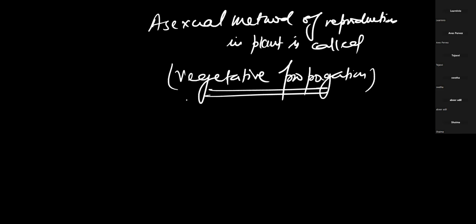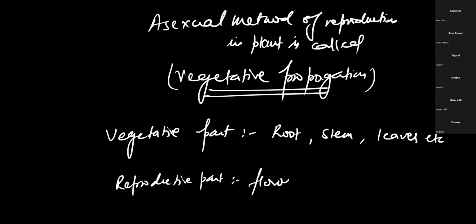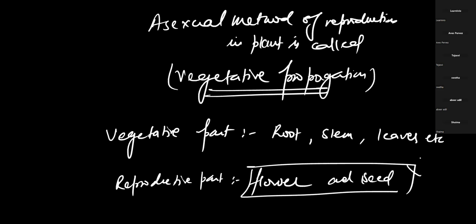What are the vegetative parts of plants? Vegetative parts are root, stem, leaves, etc. And the reproductive parts are flower and seed. We are not going to use these; these are prohibited. We are only going to use root, stem and leaves. Either we will use root, stem, or leaves for growing new plants. You understood?